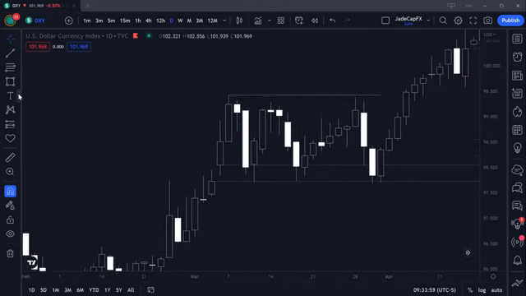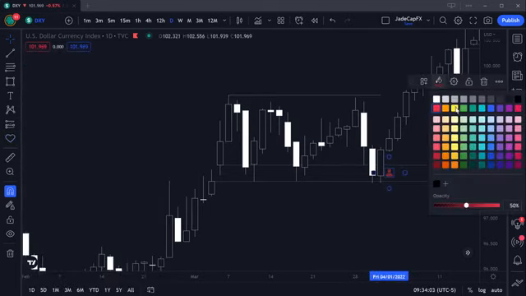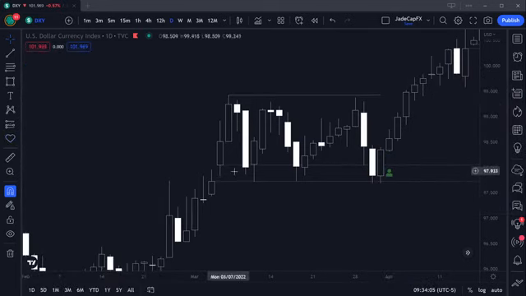So if I want to be a buyer and I'm operating inside of this volume imbalance, I'm buying, I'm buying, I'm buying. Where's my target? Here. This is my draw on liquidity.